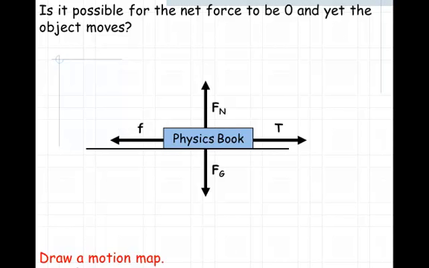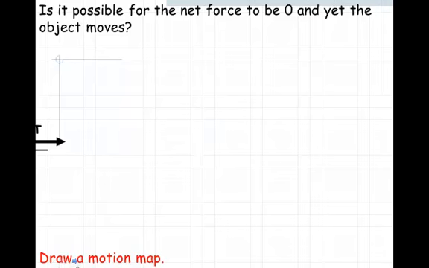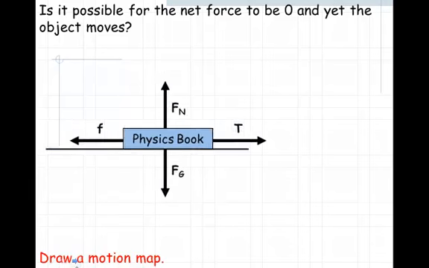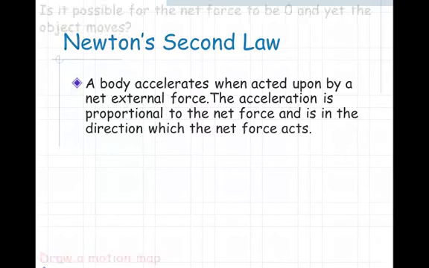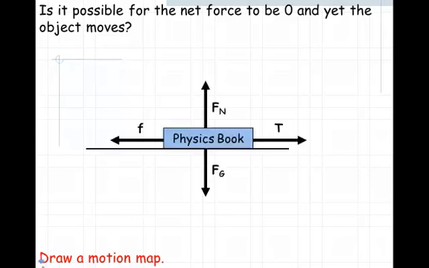So is it possible for the net force to be 0 and yet the object moves? Let's check out this situation right here. So here's a book, and let's just assume it went across with constant velocity. This object is moving to the right, so its motion map would look like this.